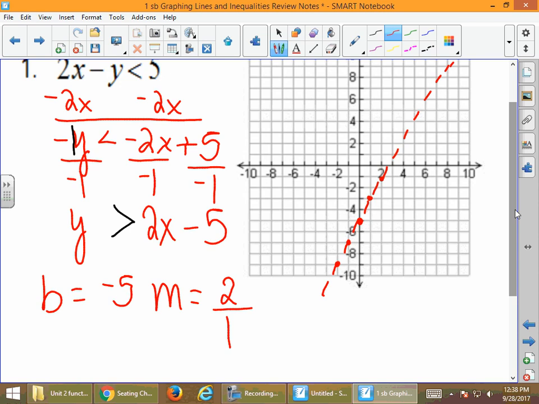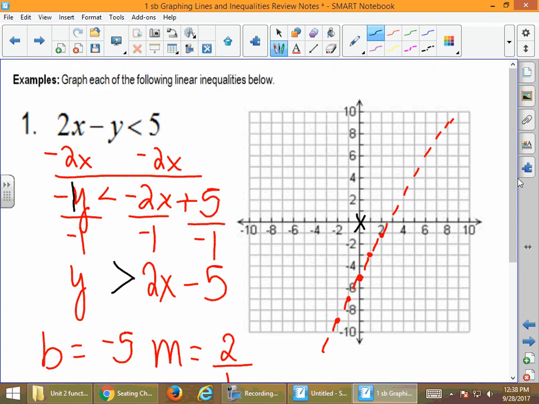But because we're making a video of this, I'm going to pick a point that's not on the graph. Not on that line, that red line. And whenever possible, I try to pick the point 0, 0. I'm going to take the point 0, 0, and I'm going to put it back into the original inequality. And it doesn't matter. You can put it into the one that we just solved. But if we put that back into the original, it's going to be 2 times 0 minus 0.